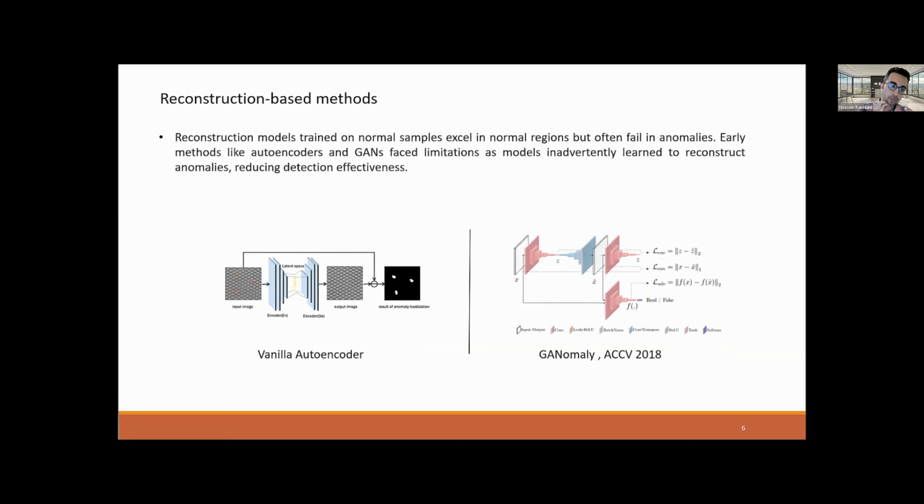So let me start from one of the conventional ways in machine learning and computer vision to do anomaly detection. As you already know, we have the vanilla autoencoder, where generally we feed our normal data to the autoencoder and train it in such a way that it learns the distribution of the normal data.